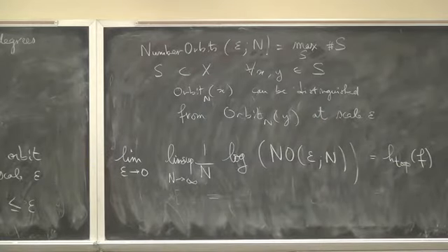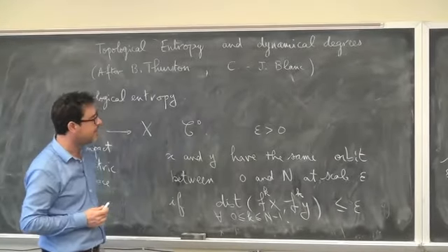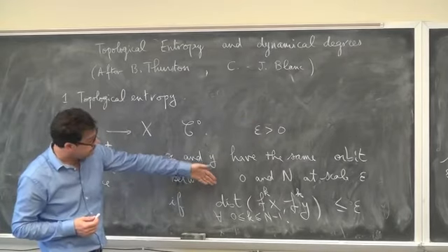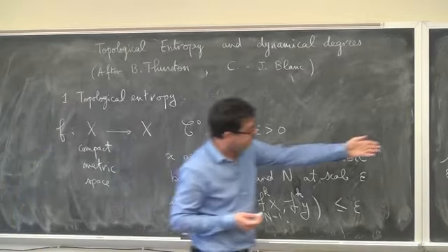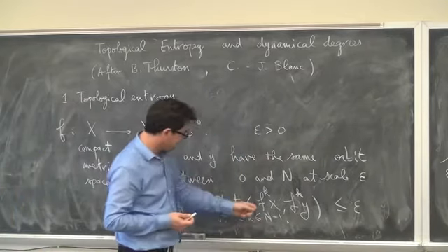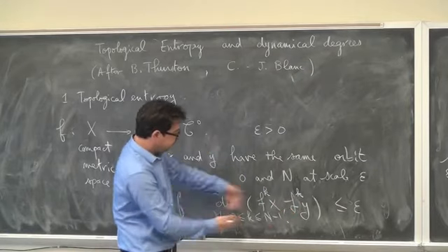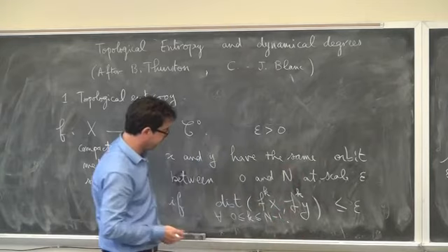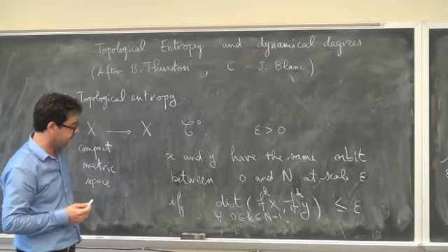The topological entropy does not depend on the distance: if you change a distance into an equivalent distance, you get the same number because of the log. And if f is an isometry, then if the distance between x and y is less than epsilon at time 0, when you iterate, since f is an isometry, you do not separate the points, so the entropy of an isometry is 0.